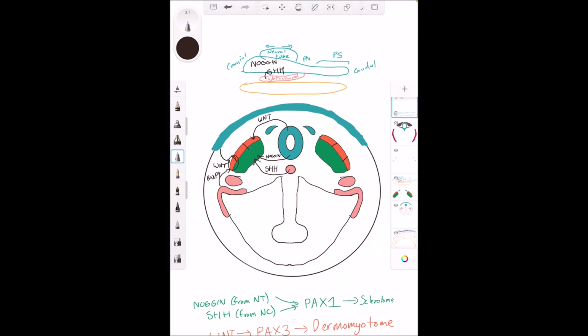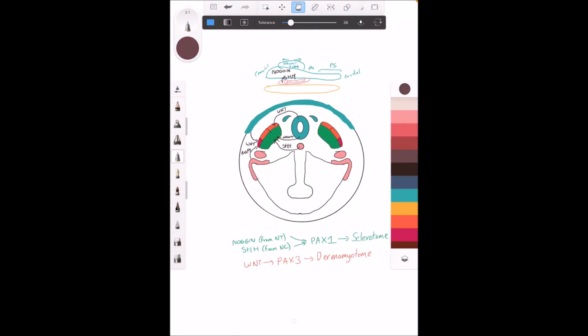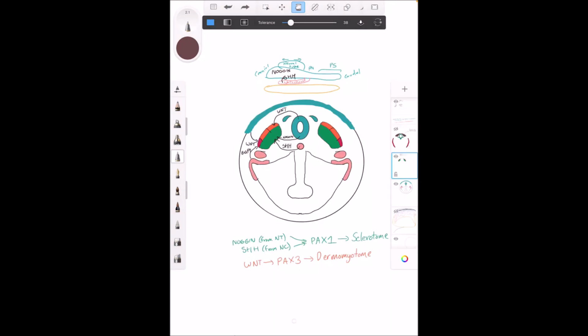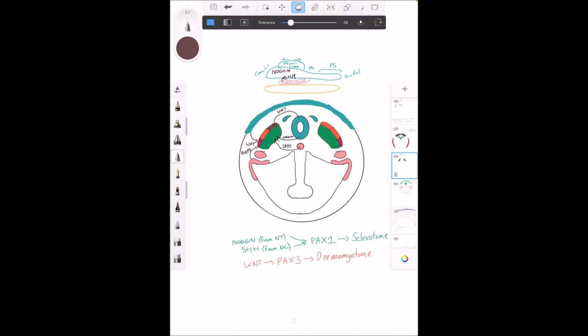So under the expression of the Wnt protein from the dorsal ectoderm and BMP4 from the lateral plate mesoderm, the ventral side is going to become one myotome, and we're going to have another myotome forming in the back. So this red myotome is going to be one myotome, and there's also a brown myotome over here in the back. And then what stays in the middle is going to be the dermatome, that orange space in the middle.